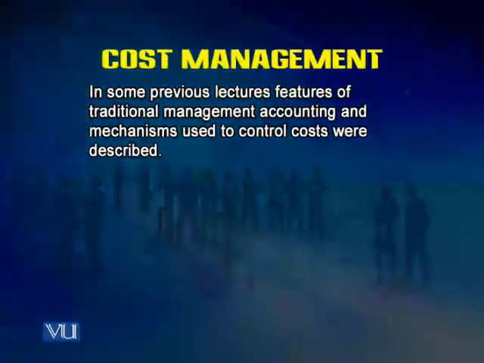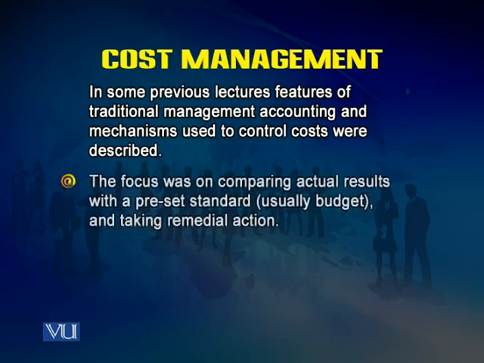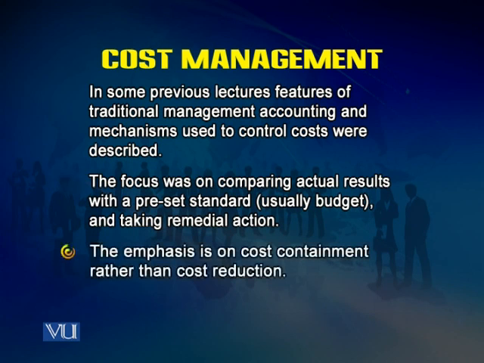In some previous lectures, features of traditional management accounting and mechanisms used to control costs were described. The focus is on comparing actual results with a preset standard, usually budget, and taking remedial action. The emphasis is on cost containment rather than cost reduction.